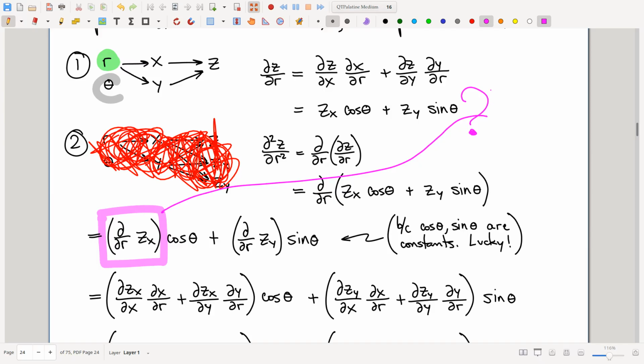It'd be tempting to call that z_xr, because we're starting with z, then we're taking a partial with respect to x, and then we're taking the partial with respect to r. And I claim you can't do that. That doesn't make any sense.